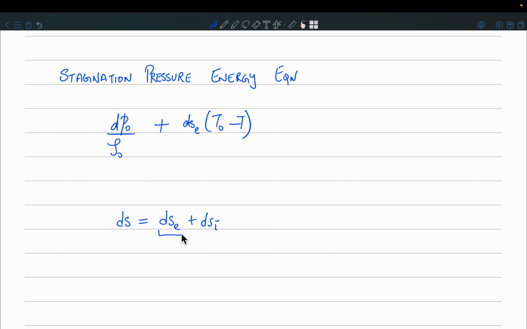This is all due to the reversible processes, and this is all due to the irreversible processes. So continuing the equation, dS_i is the irreversible part of the change in entropy, plus delta W is 0. Okay, so this is the stagnation pressure energy equation.